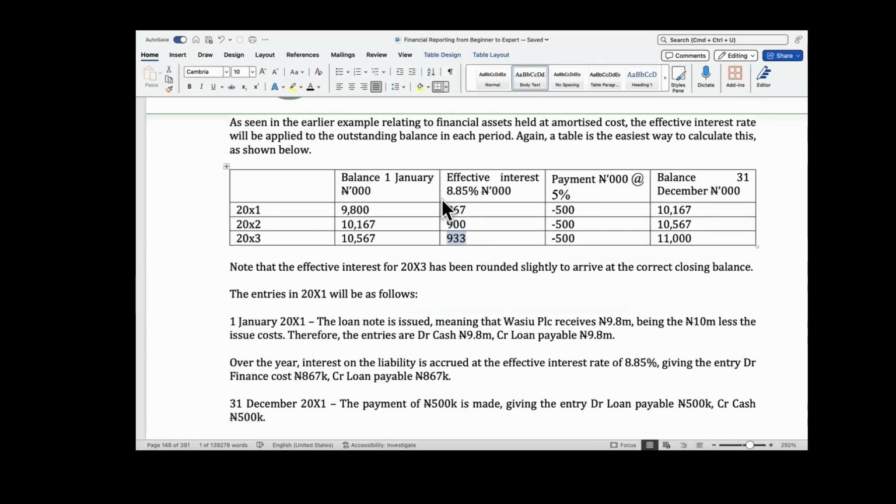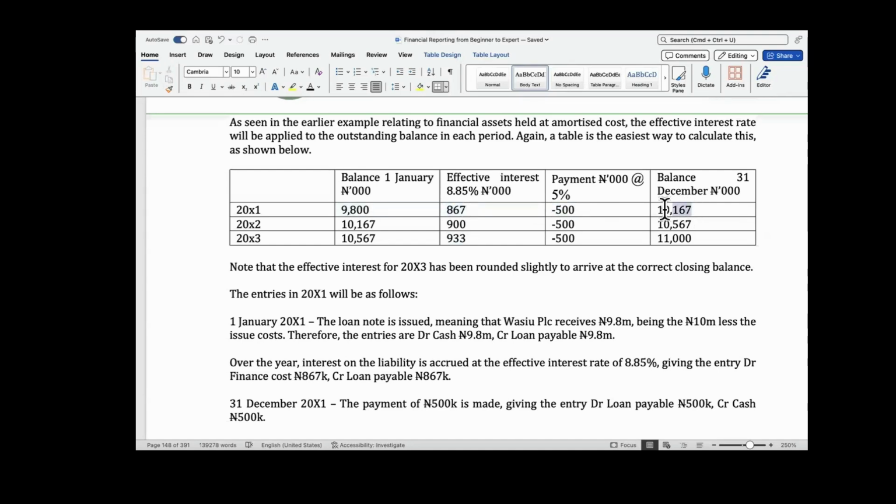And don't forget the double entry. This 867 is like we are debiting P&L and we are crediting financial liability or interest payable. This 500 is like we are crediting bank and debiting the financial liability or interest payable, because this is what we are actually going to pay. Well, this all goes to P&L.